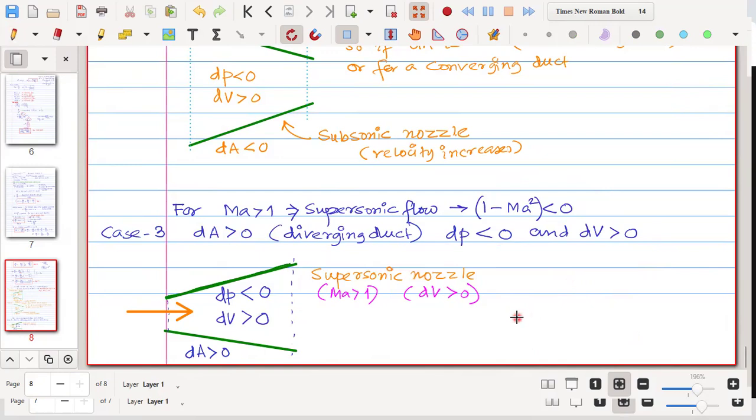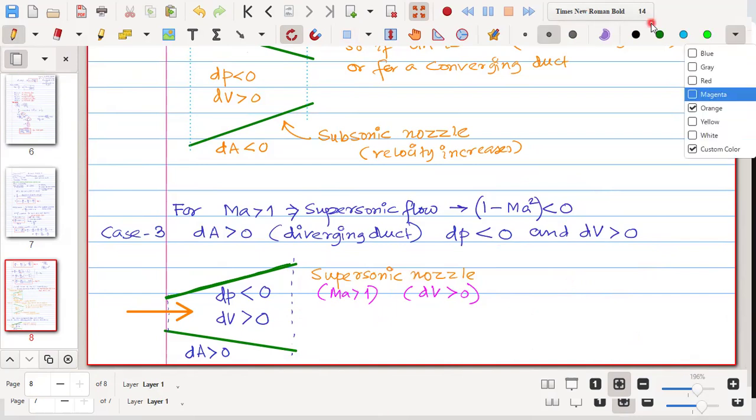Therefore, the remaining case, that is case 4, where Mach number is greater than 1 but area is decreasing, that means it will be a converging duct. This one is the diverging duct.